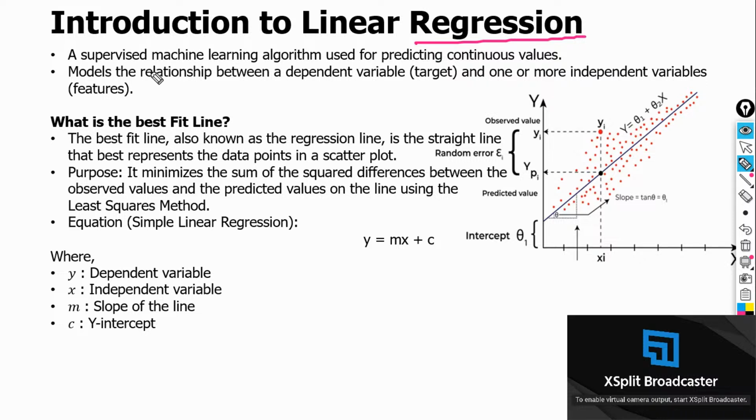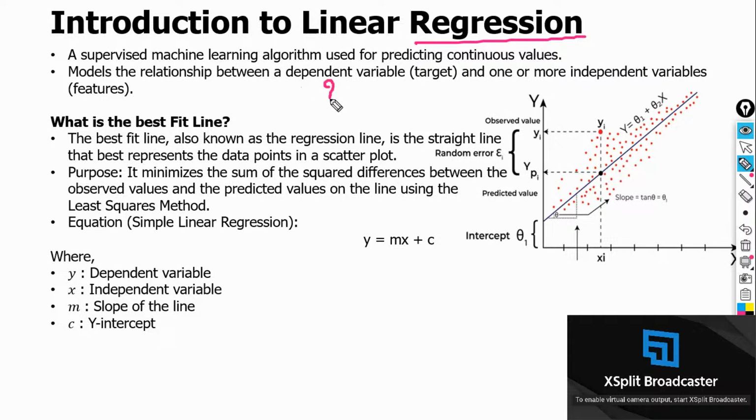Linear regression is a supervised machine learning algorithm which is generally used for predicting continuous values. In order to predict continuous values, we use regression algorithms, and one of the types is linear regression. Using linear regression, we are going to establish a relation between the dependent variable and the independent variables.